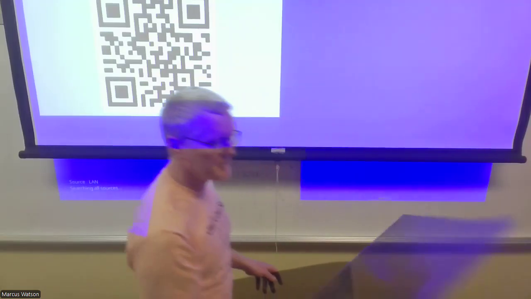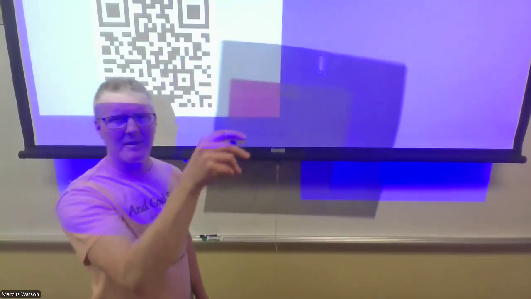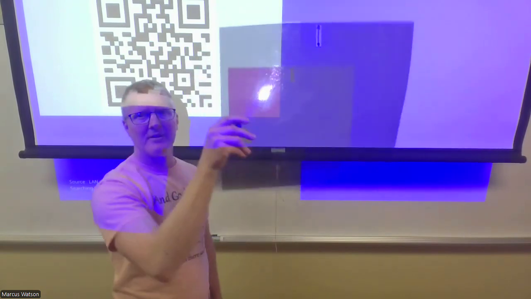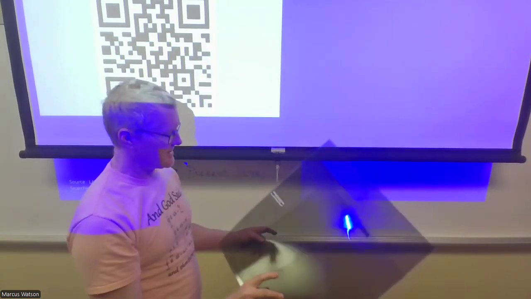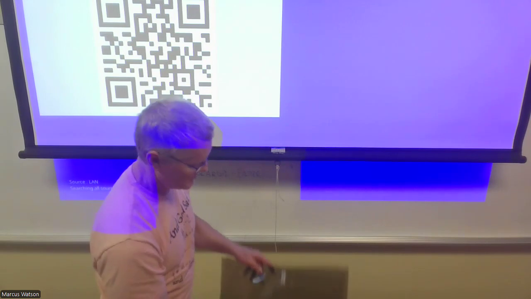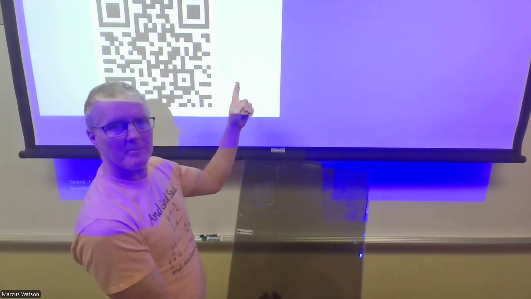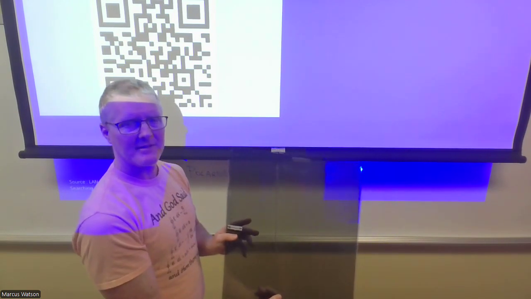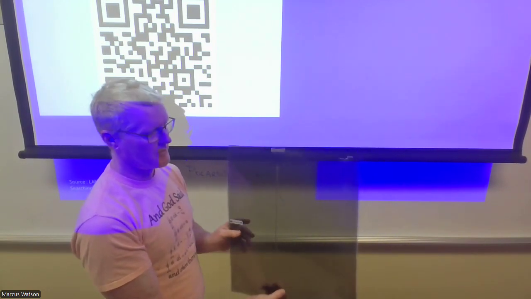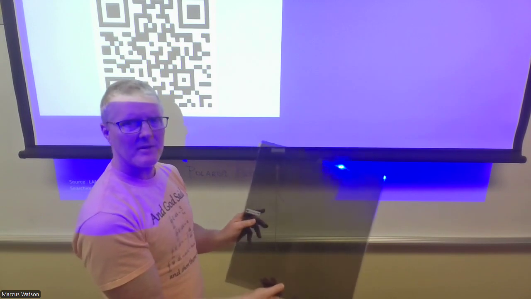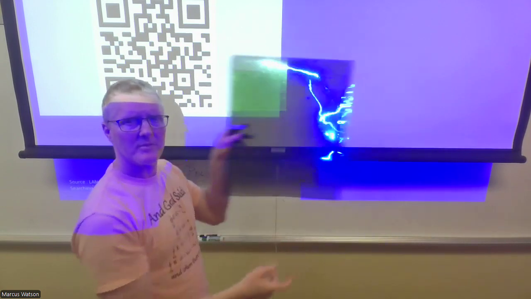Now, it just so happens that I brought in another Polaroid sheet here. So my first question is, if I take these two and put them together like this, what do you expect to happen when I block this light with the Polaroid sheets? I put them together. Well, oops, this way.